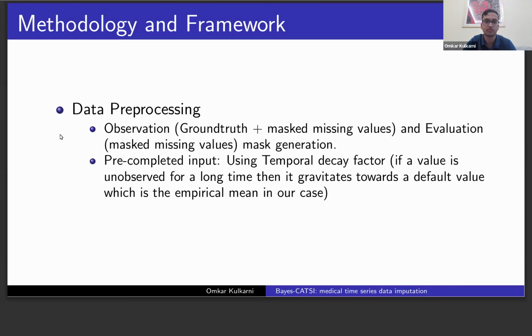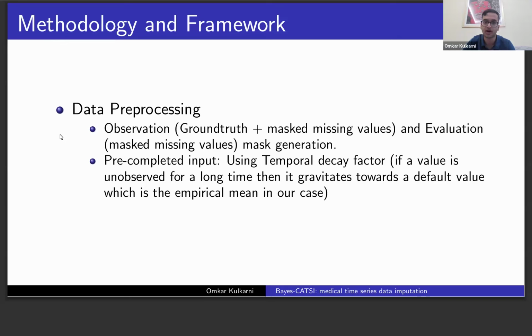Now coming to the methodology and framework, the first step is data pre-processing, and in this the first step was to generate the observation and evaluation masks. Our raw time series had certain missing values, which we refer to as ground truth missing values, and we mask a few other values in all these time series, which we refer to as masked missing values.